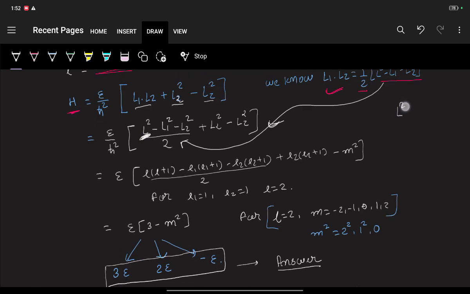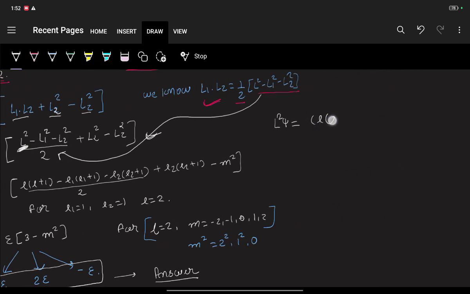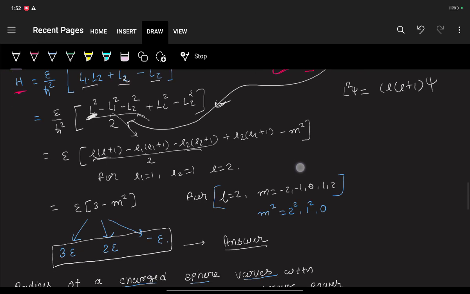After this, we know that if L square operates on the function, it gives us L times L plus 1. So for L1 square it is L1 plus 1, and for L2 it is L2 plus 1, and for Lz square it will be minus m square, because we know that if Lz square operates on the function it gives us m square h cut square.